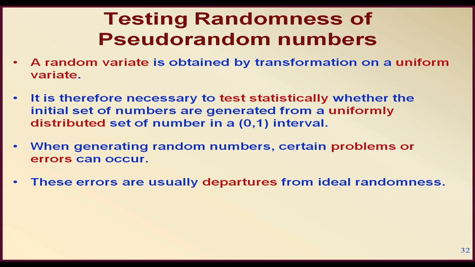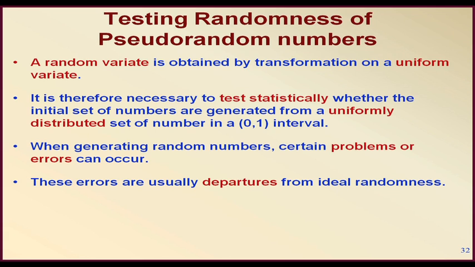In order to have confidence in our experiment, it is required that the random numbers we are generating are truly uniformly distributed and independent of each other.